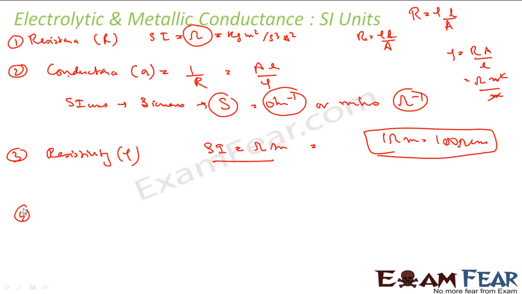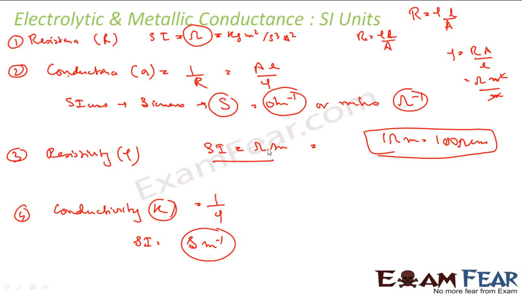So opposite of resistivity is nothing but conductivity. It is denoted by kappa, and it is nothing but 1 by rho, right? So its SI unit is Siemens per meter. Similar to this, we have ohm meter here. This is Siemens per meter, correct?